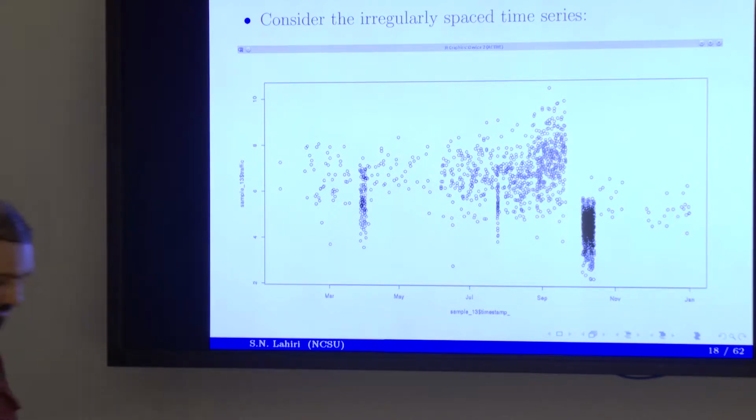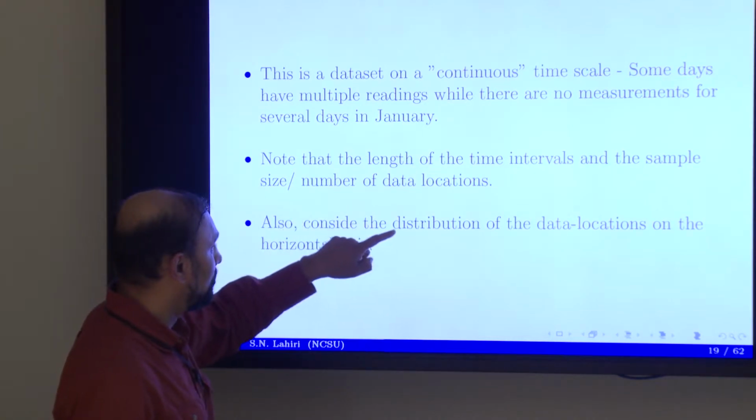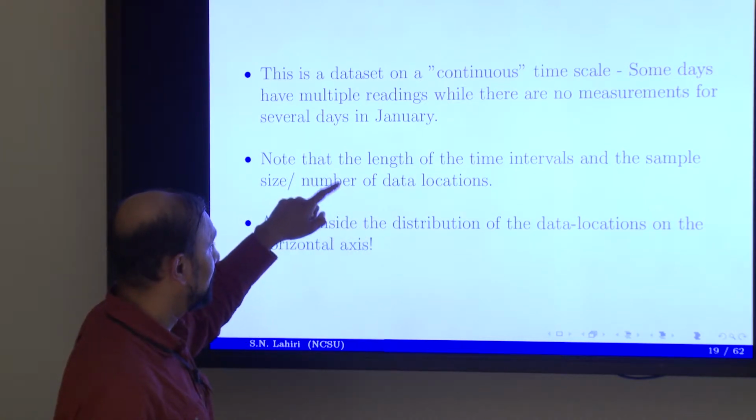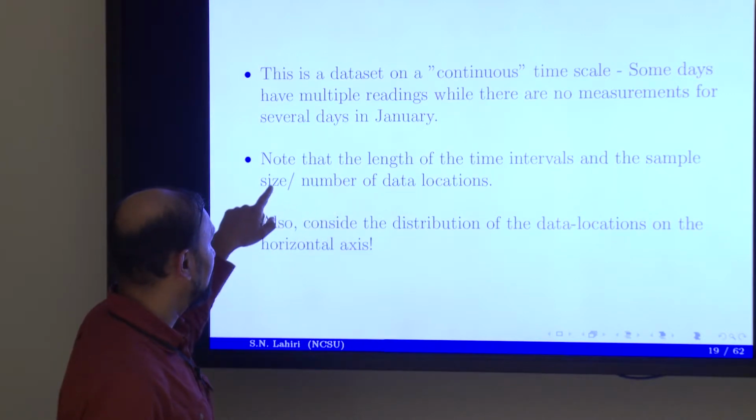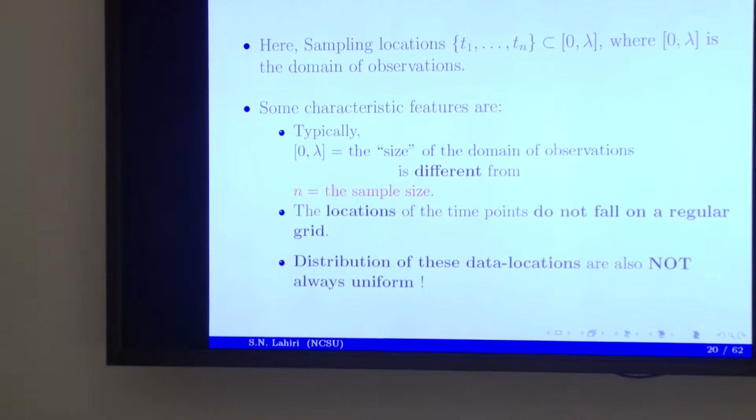So you have a non-uniform distribution of locations, and when you look at the sample size and the length of the time interval, they may not be comparable.